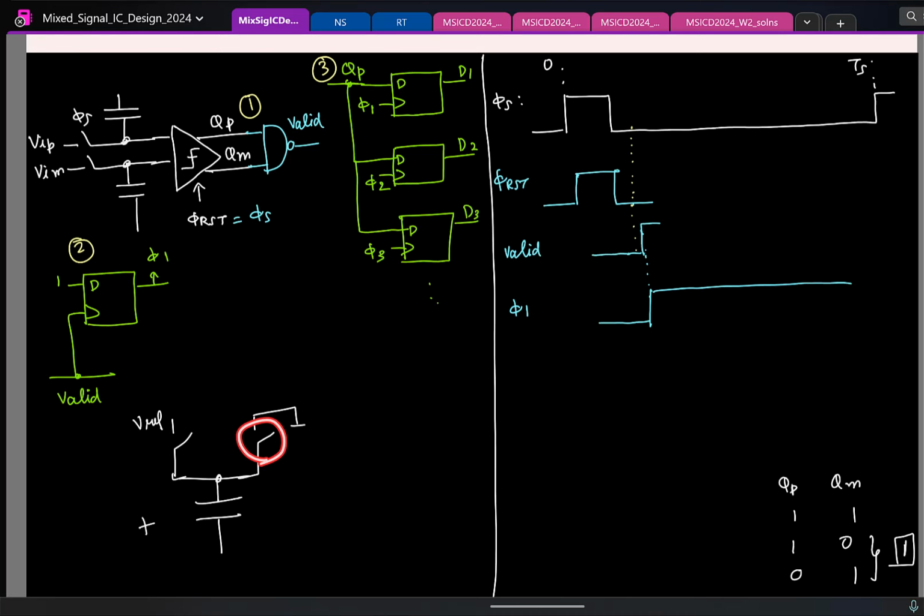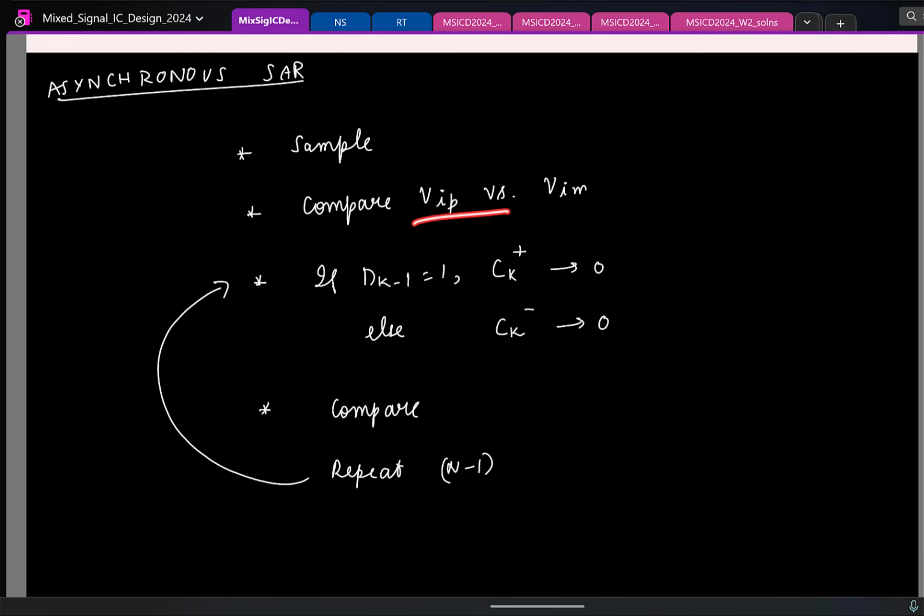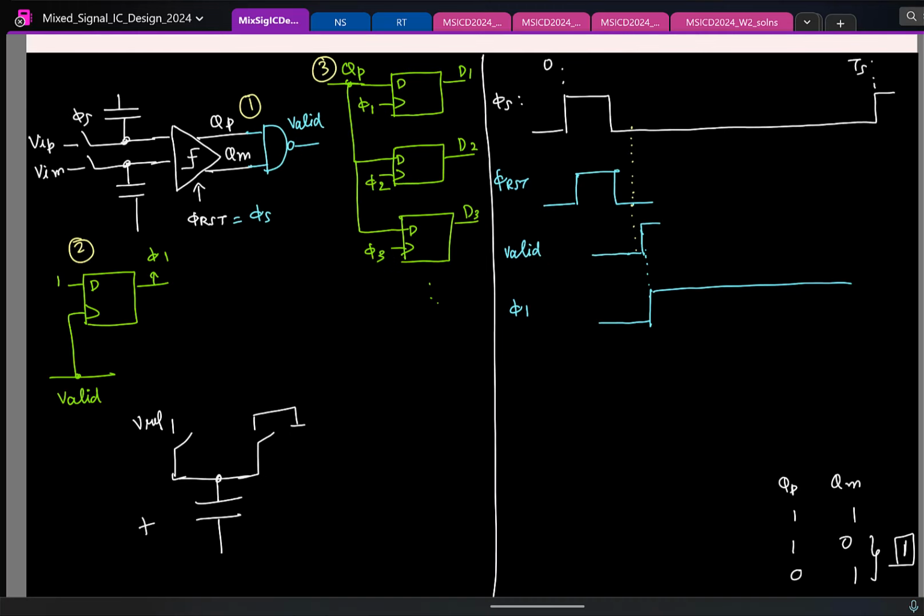So what should be the control signal to this switch? The logic is after the first comparison is done and when D1 is 1 is when you have to connect it to ground. What do you want to give?